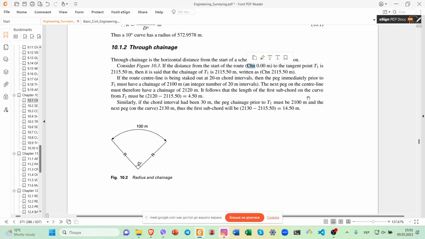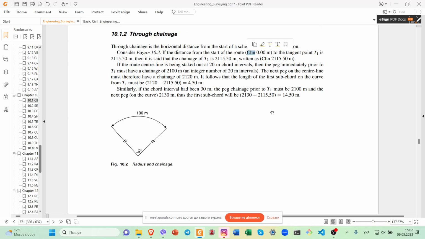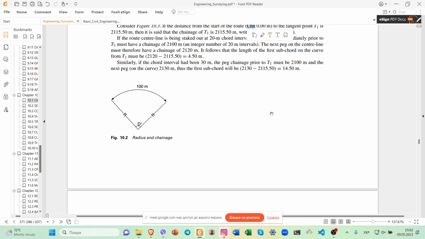The next peg on the center line must therefore have a chainage of 2120 meters, and so on. Similarly, if the chord interval had been 30 meters, the peg chainage prior to T1 must be 2100 meters.